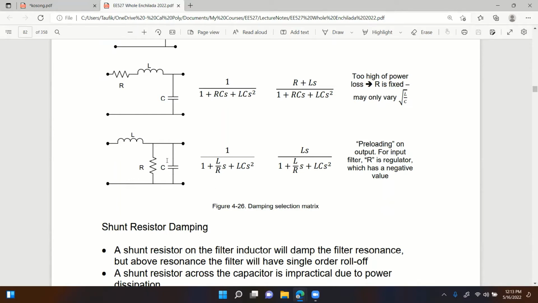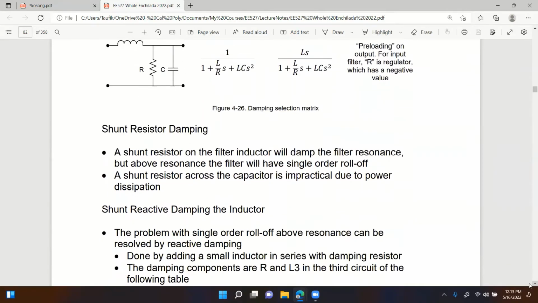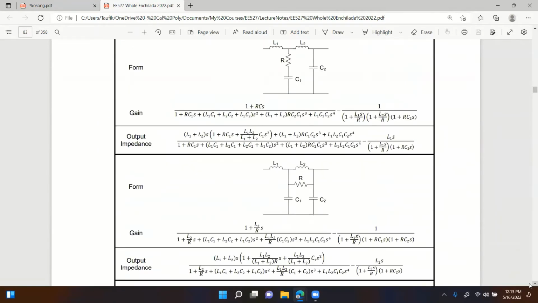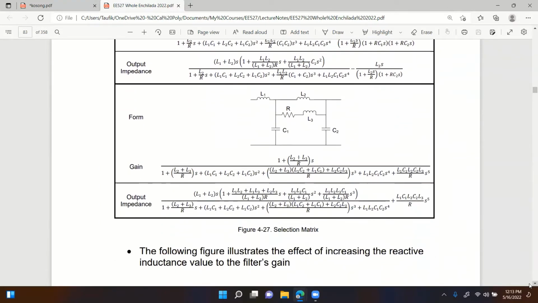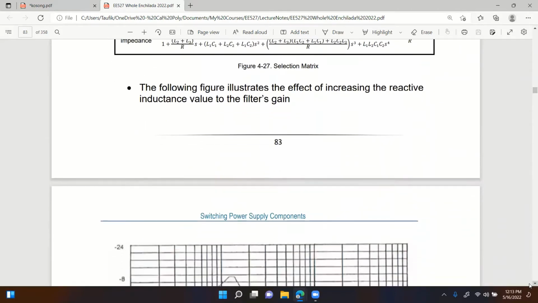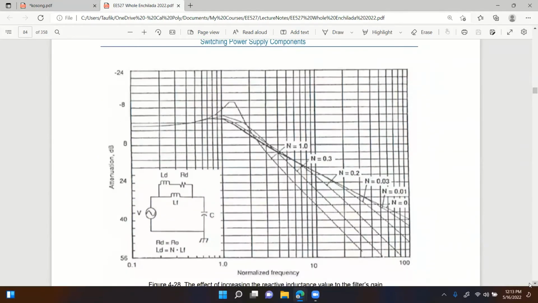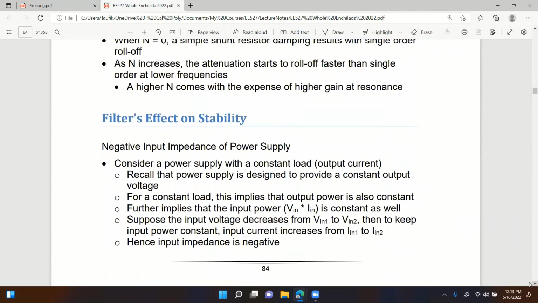Because basically you have a bleeding resistor, so this always consumes power, basically, right? And these are the gain transfer function with the damping, and then the output impedance of the filter with the damping.